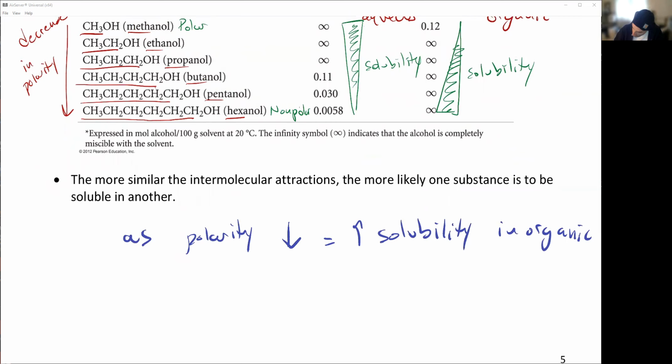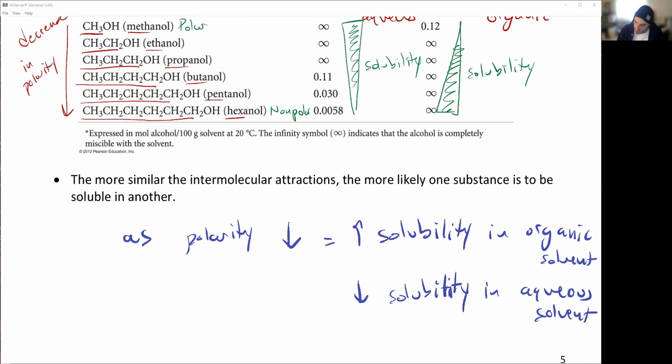In organic solvent, and a decrease in solubility in aqueous solvent. Okay, makes sense? Good enough. So again, that's the idea.